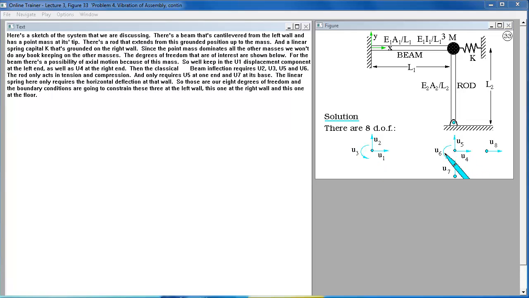The rod only acts in tension and compression and only requires U5 at one end and U7 at its base. The linear spring here only requires the horizontal deflection at that wall. So those are our 8 degrees of freedom, and the boundary conditions are going to constrain these 3 at the left wall, this one at the right wall, and this one at the floor.